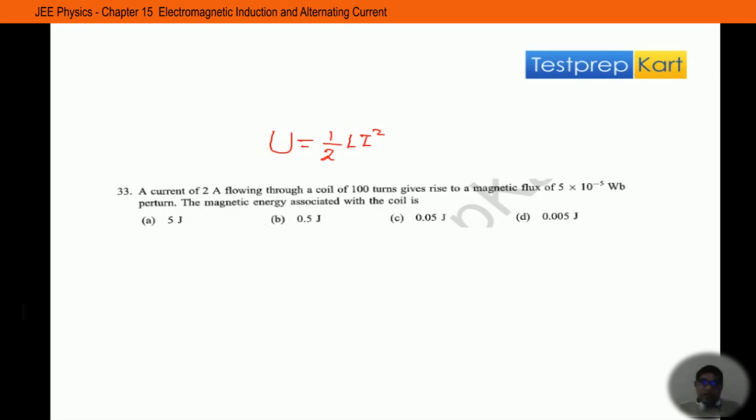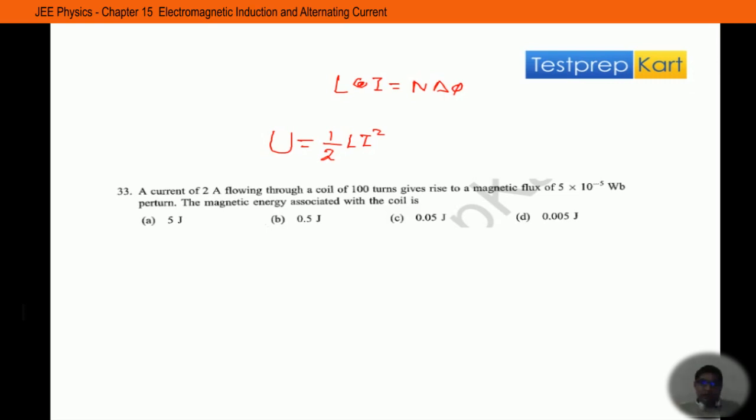And if there are n number of turns, then we can replace L into I with the total flux. Total flux is n into delta phi, the changing flux.